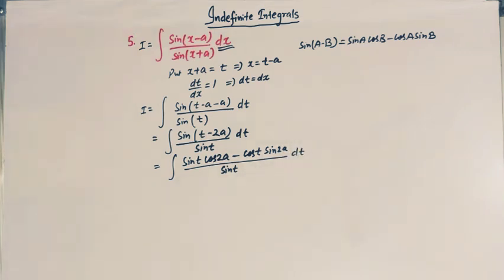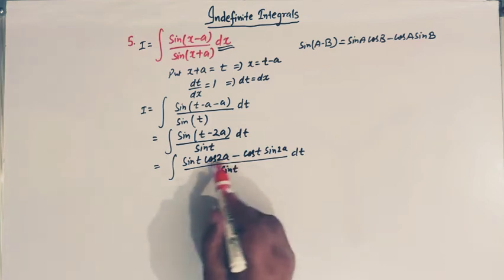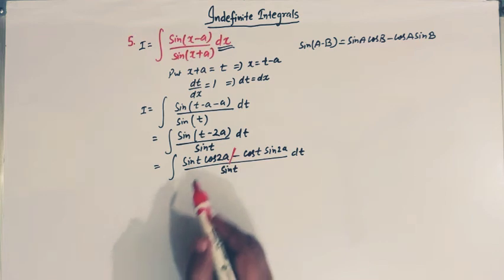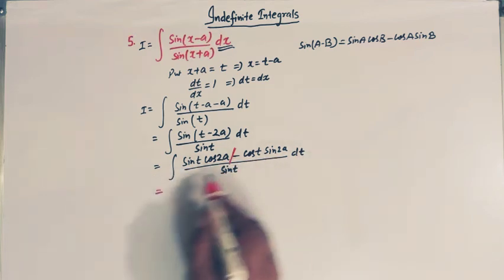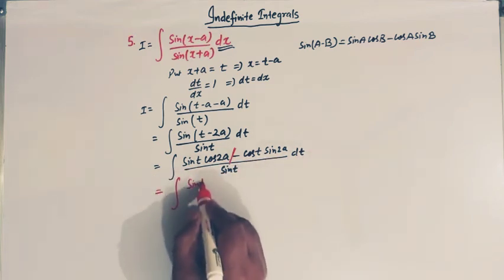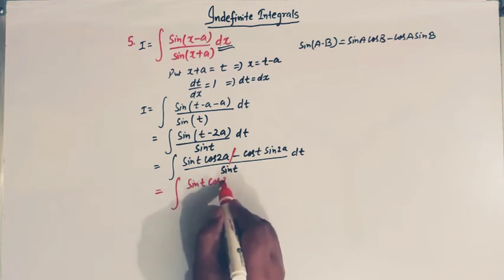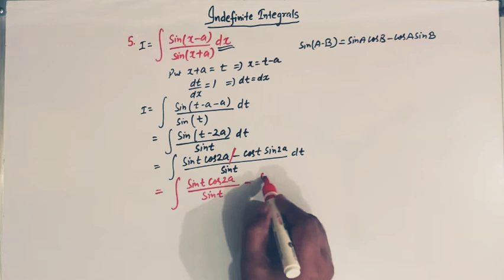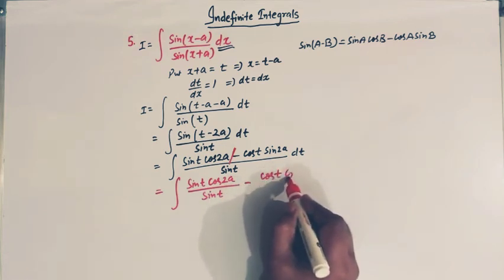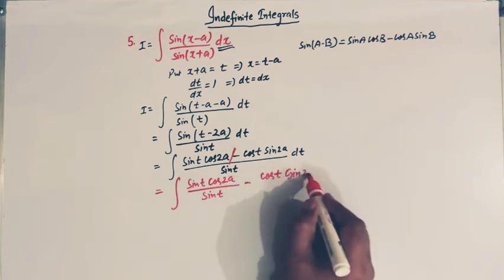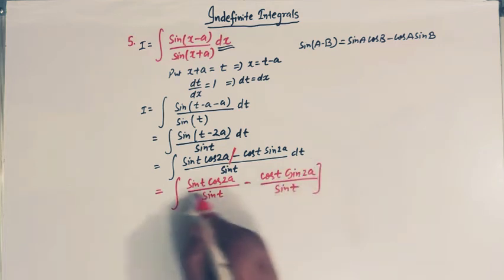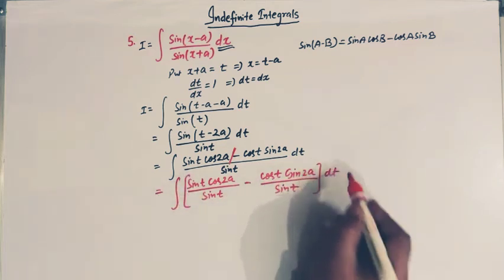Now we can break this expression and write this integral as sine t cos 2a divided by sine t, minus cos t sine 2a divided by sine t, and here we have dt.